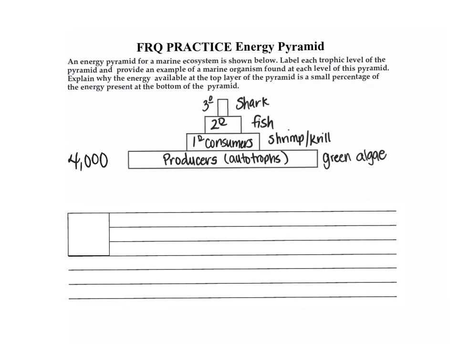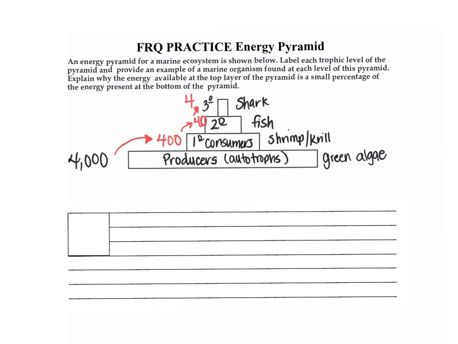So only about 10% of the energy that's available in producers is going to be available to consumers, which is 400 kilojoules. Then from there to the secondary level, only 10% of the 400 is going to be available to the fish. And from there, only 10% would be available to the shark.